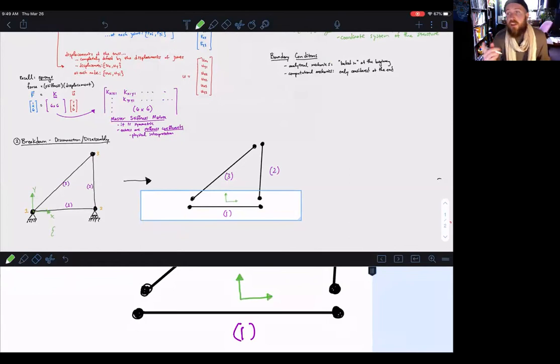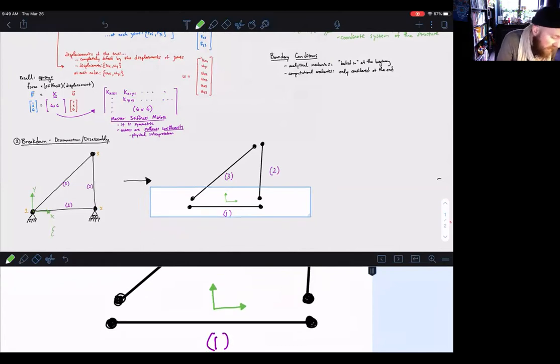We're going to do two things to denote these new coordinate systems. One is we're going to now refer to them as x and y bar. This is to make it extra clear that we're referring to the local coordinate system of each element or of each member.